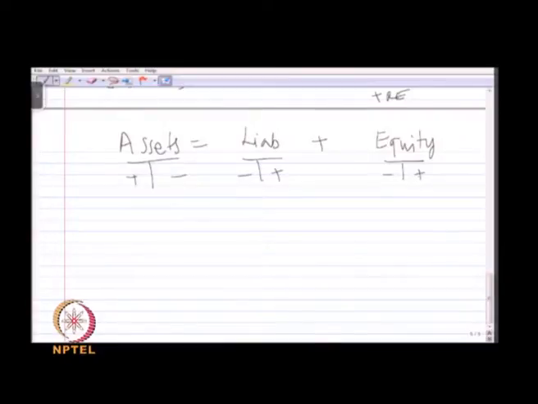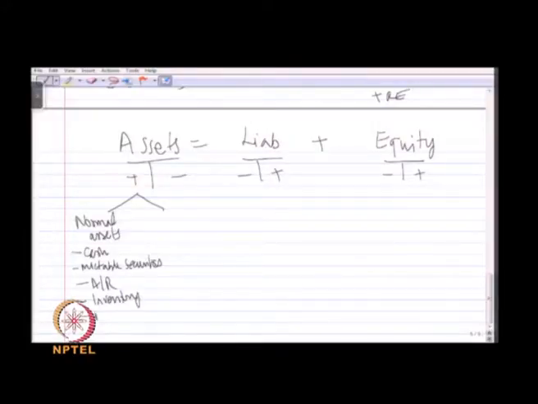So, if you look at assets, broadly you will have normal assets, which could be your cash, marketable securities, accounts receivable, inventory. I am just trying to list out all possible commonly used account heads under the normal asset category. Prepaid expenses, your property, equipment, these are long term assets or investments.